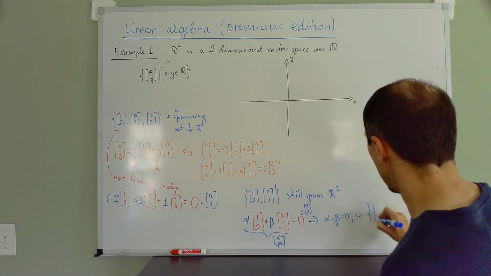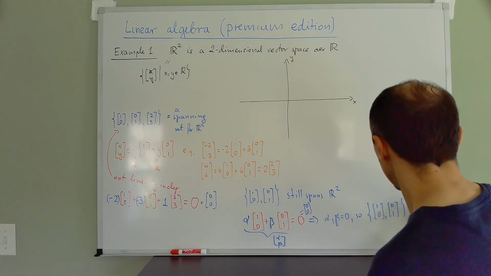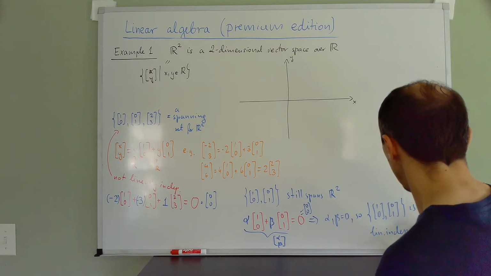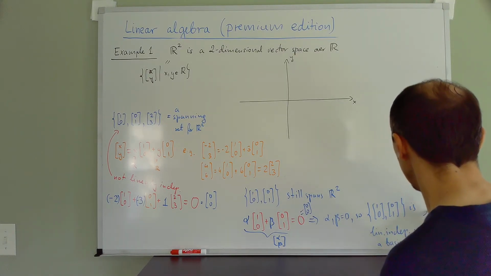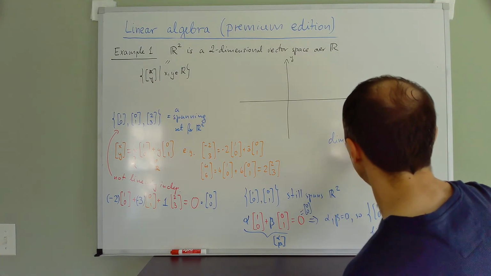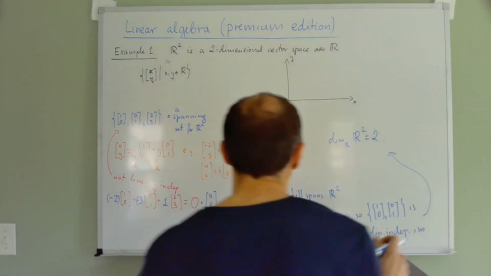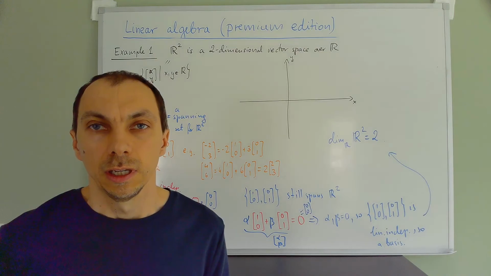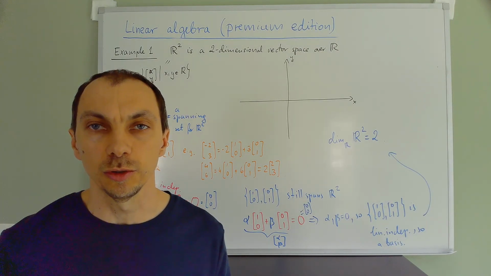So this set is linearly independent. So a basis. Okay? So as a consequence of this, you get that the dimension over R of R2 is 2. Okay, let me stop here, and in the second part we'll do more examples.